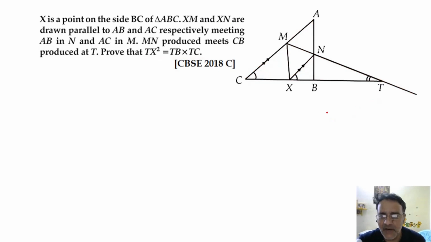Okay, fine. Now we are going to prove this triangle and this triangle similar. Which one? Look carefully, this one and this full triangle. This angle is equal to this angle. Why?